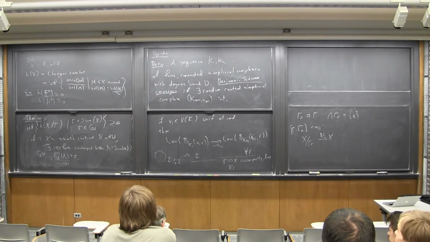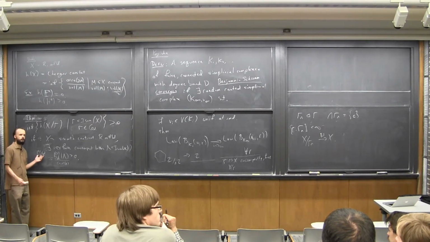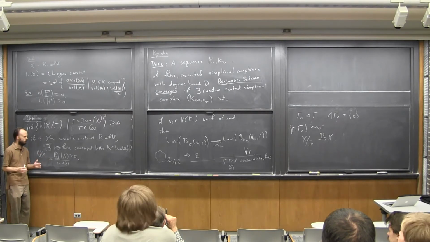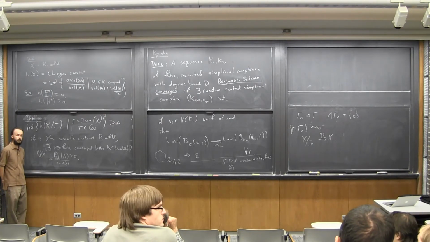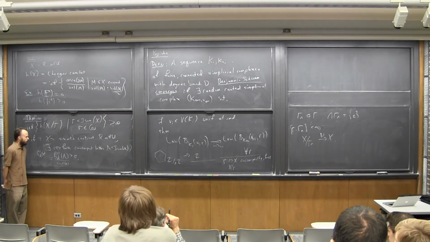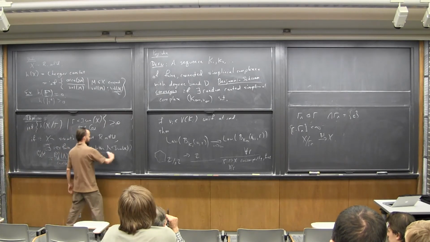Oh, I see what you mean. Yeah. This L2 Betti number is a kind of asymptotic object. But they sort of get bigger under covers. Yeah. I would have expected bigger objects to have bigger L2 Betti numbers.